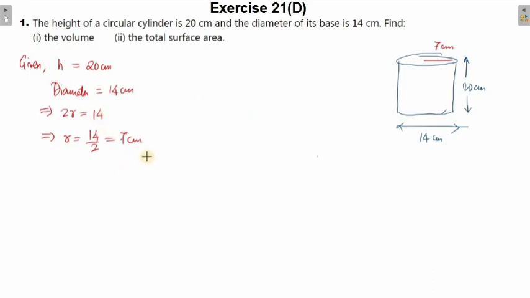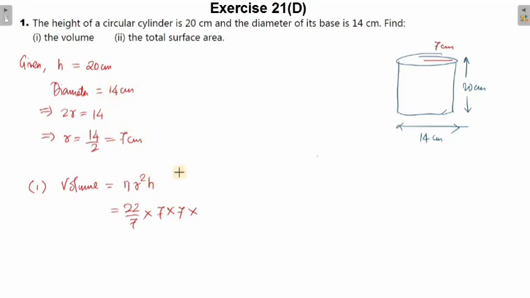Question is asking you to find the volume, isn't it? So number one, let's find the volume. The formula for volume is pi r square h. Now all of you know the value of pi is 22 by 7. R is 7, so r square can be written as 7 into 7, into h.